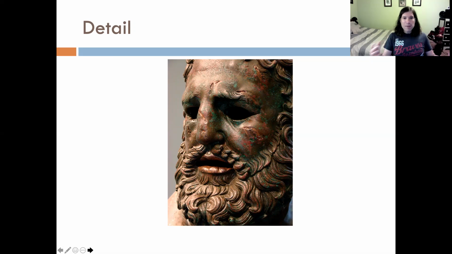And maybe in the past he was a great boxer, but he's past his prime and he is coming to terms with that. So this kind of depiction was really out of bounds in the classical period. But in the Hellenistic period, there's going to be much more interest in people or in periods of life that are far from ideal.